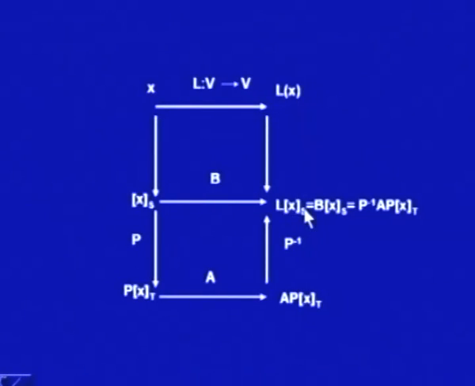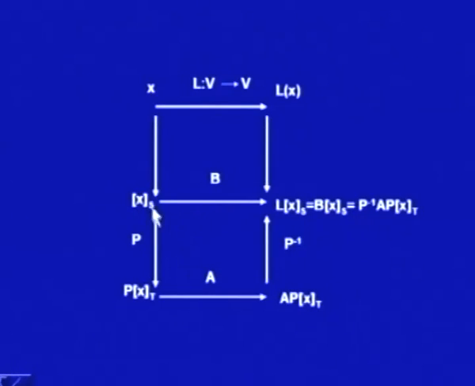So, Lx with respect to basis S can be written as B times x_S. So, this vector x_S will map to this vector L of x_S, and B is the transformation matrix.